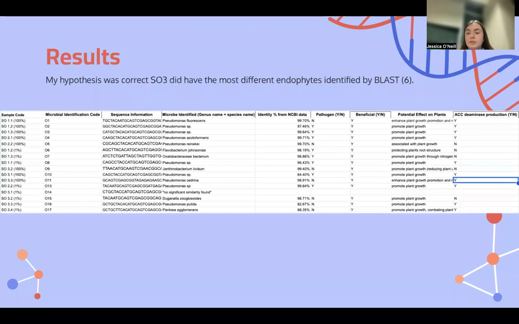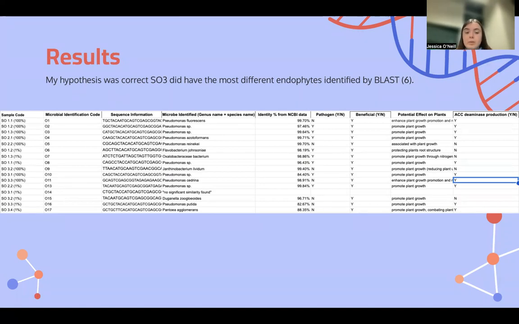This brings me to the results of BLAST. It confirmed my hypothesis that SO3 did have the most different endophytes within it. 6 out of 7 of my pure cultures from SO3 were endophytes.